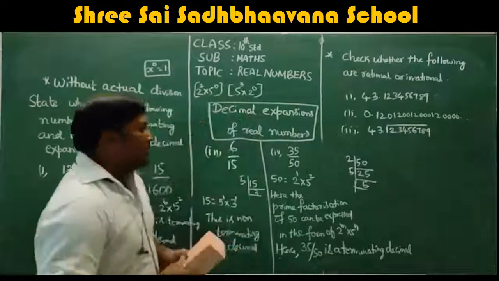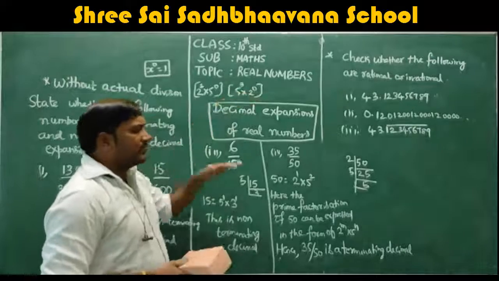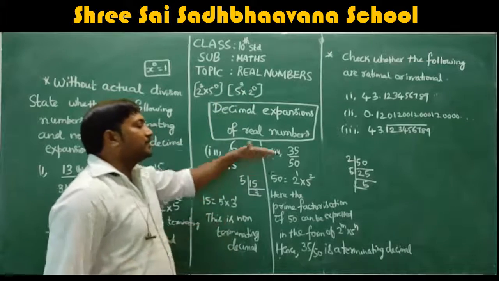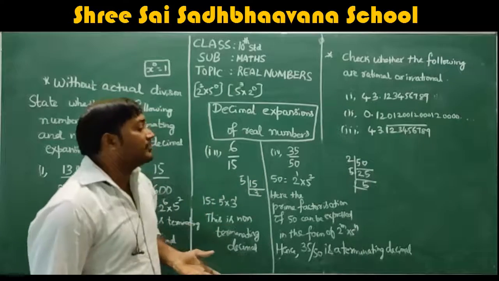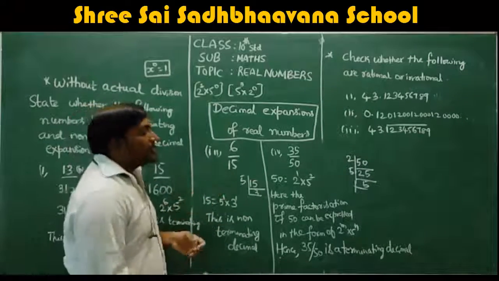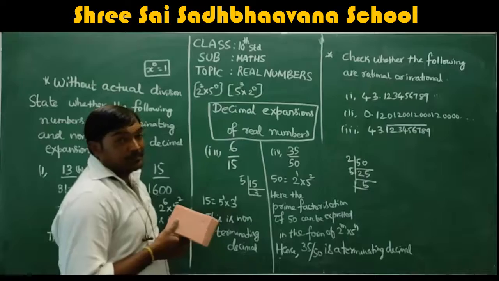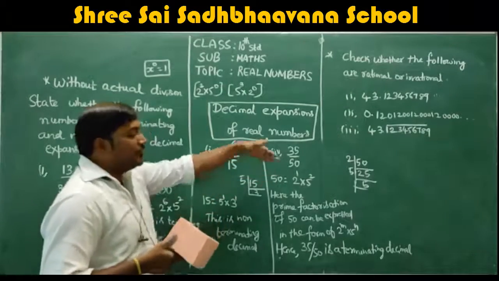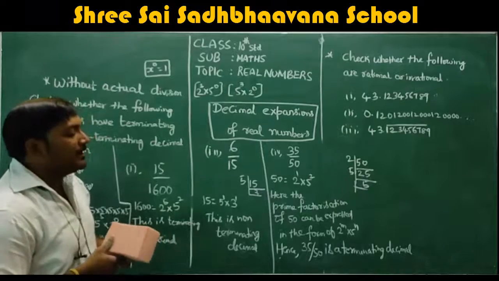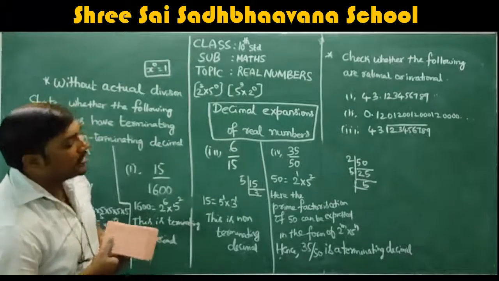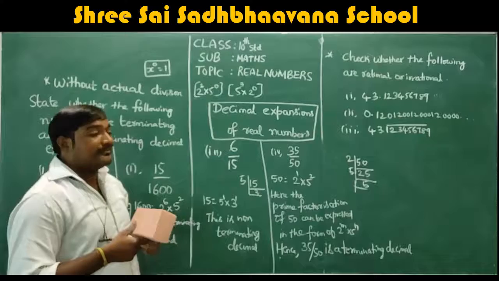Okay. Understood? This process is very easy. What we have to write? First, you have to consider the denominator and write the prime factors of the denominator. That denominator can be written as 2 into 5 square. Correct? So in this 2 into 5 square, here you can easily tell that prime factorization of 50 can be expressed in the form of 2 power m into 5 power n as we studied in the theorem.